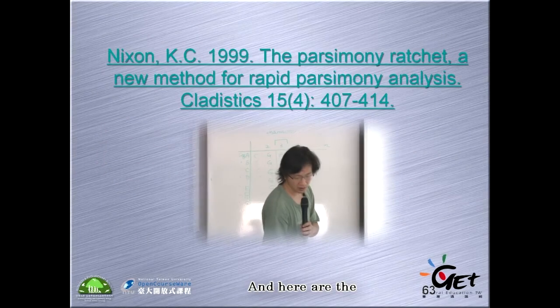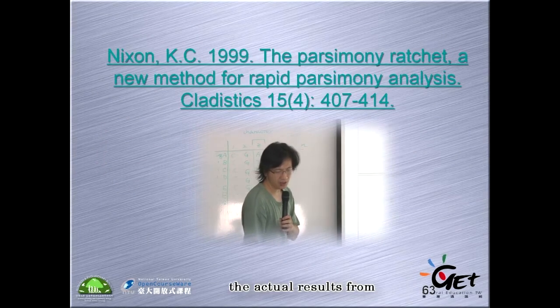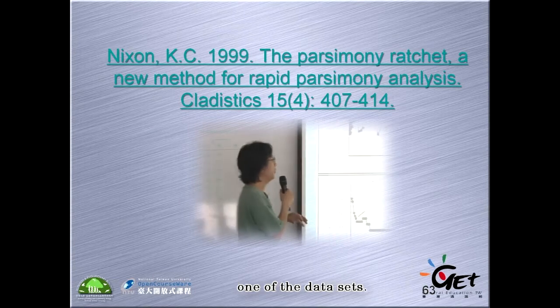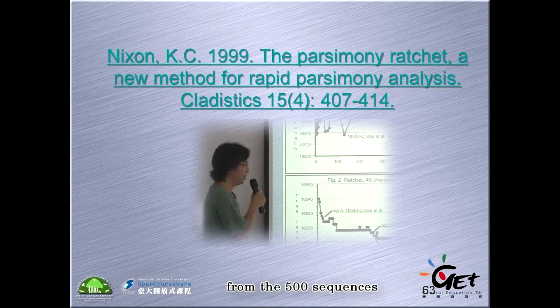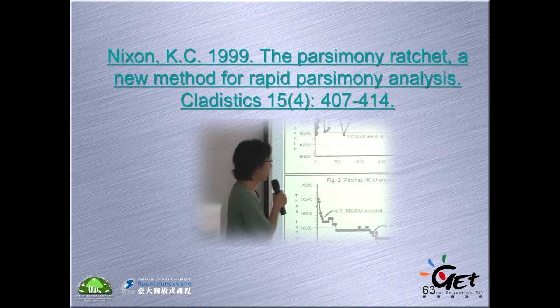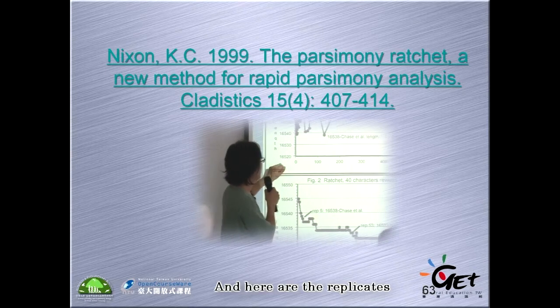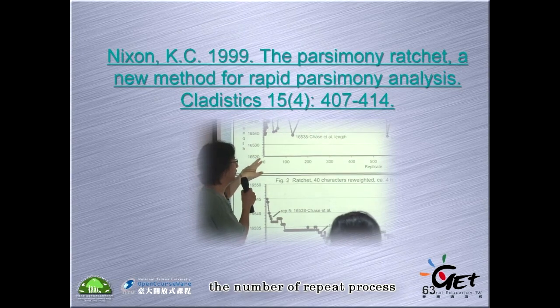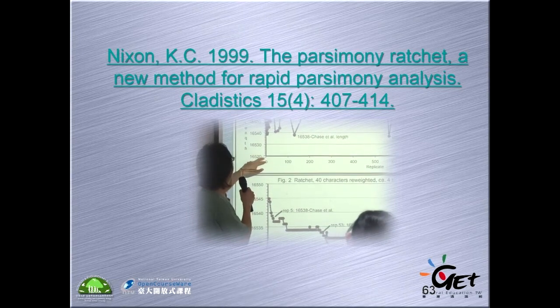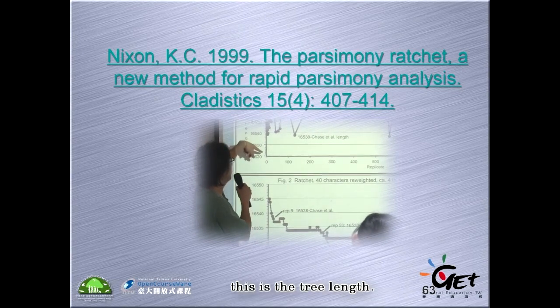And here is the actual result from one of the data sets. I think it's from the 500 sequences from angiosperms. Here are the replicates, the number of repeats of the process, and this is the tree length.